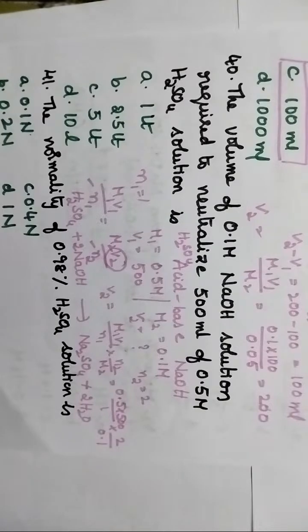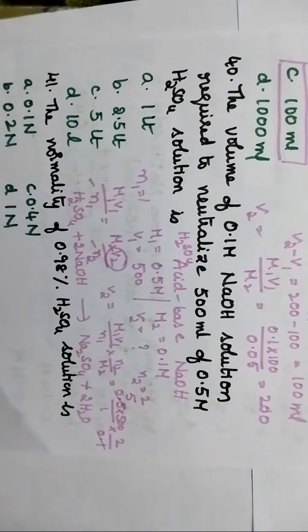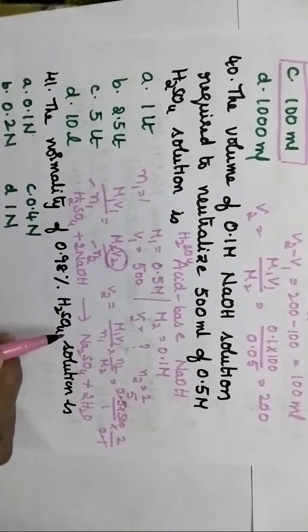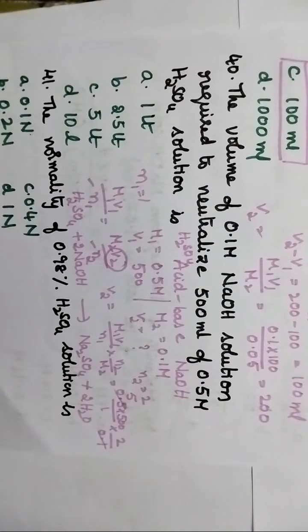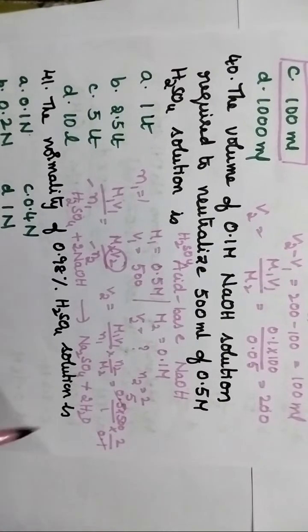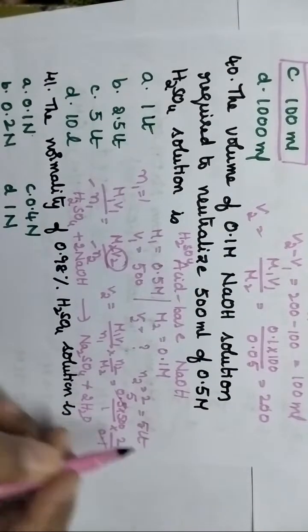What is your answer? 5 times 10 into 500, that is equal to 5 liters.